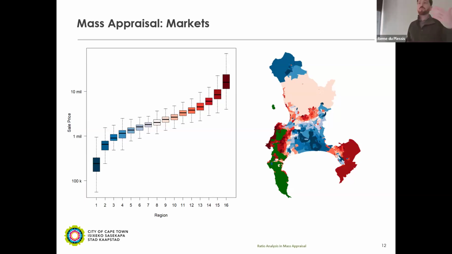So one option would be to get your valuers to go out, inspect and use their expertise to estimate the sale price we would allocate to each of these houses, essentially making pseudo sales and using those in our models. But the other method that we use is neighborhood linking.